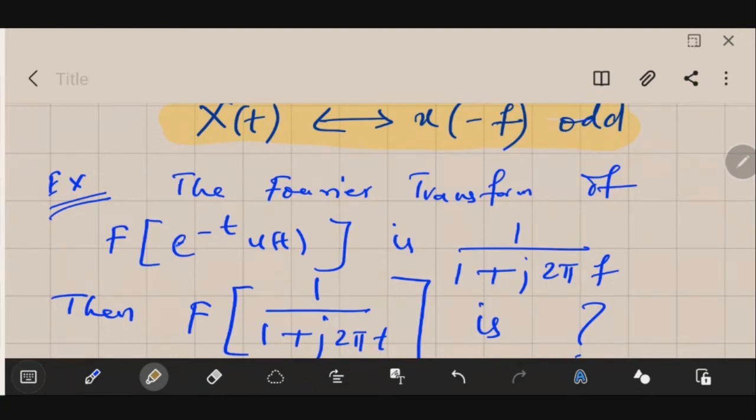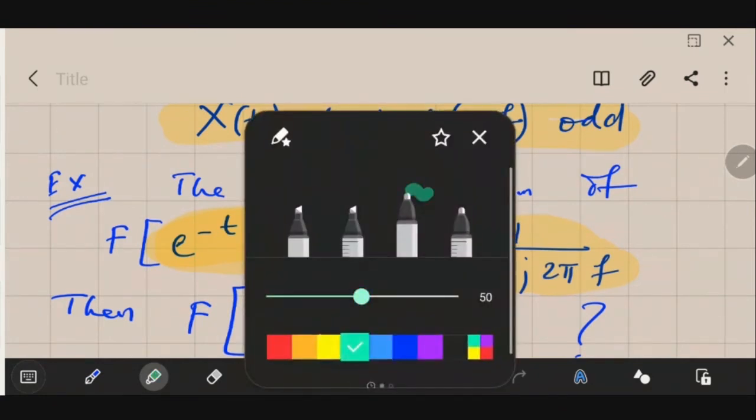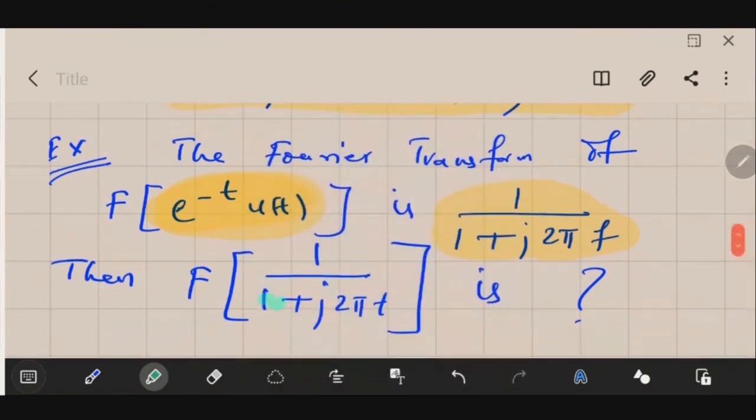You could see here that the Fourier transform of this signal, e to the minus t u of t, was found to be 1 by 1 plus j 2 pi f. Now it is asking us to find the Fourier transform for this signal, where f has been replaced by small t.